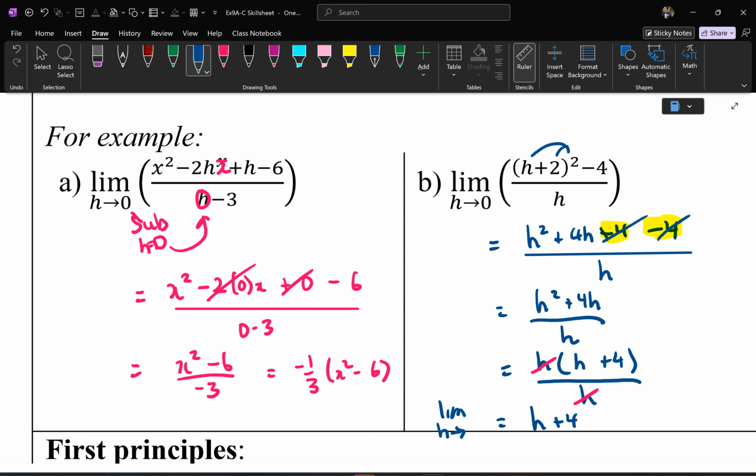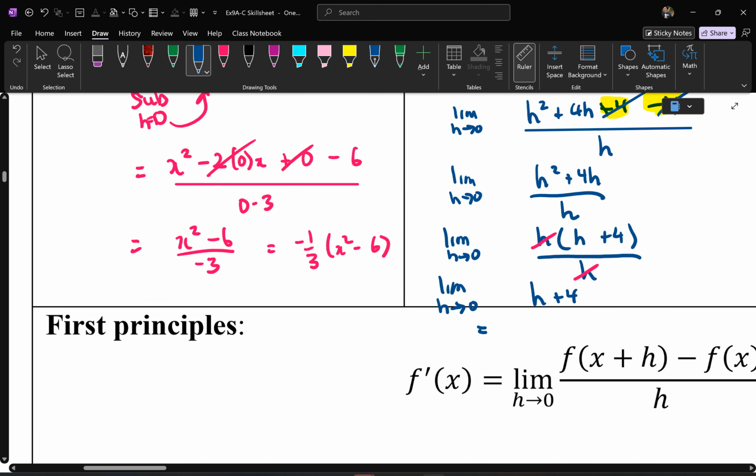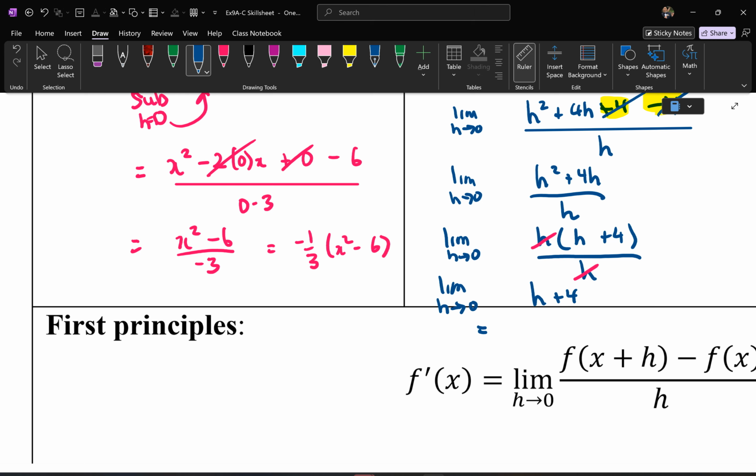Whilst you're doing this, make sure that you don't get rid of the limit, because we're only simplifying the expression so far, so the limit should still be there. Okay, so then now, once you can substitute 0 in, we can see that as h gets infinitely small, it approaches something very small, plus 4, which you can then say equals 4.